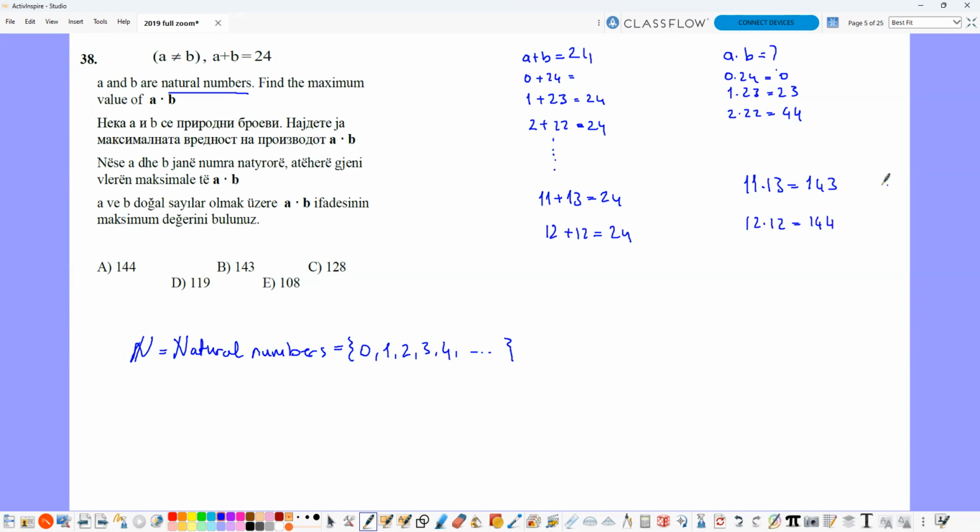So this is normally the greatest value, but A is equal to B here, which is not possible. So the greatest value becomes 143. If it is not mentioned that A is not equal to B, the greatest value is 144, but if it is mentioned that A is not equal to B, the greatest value becomes 143.